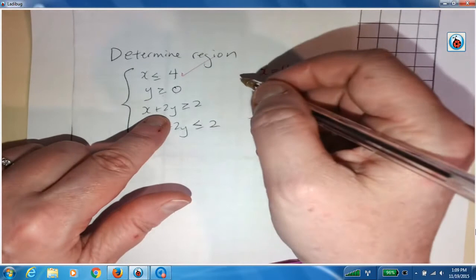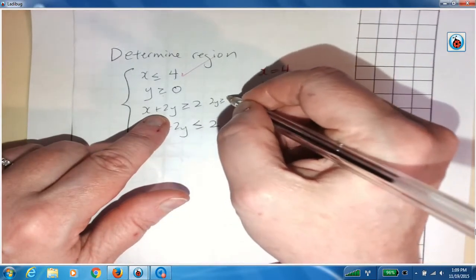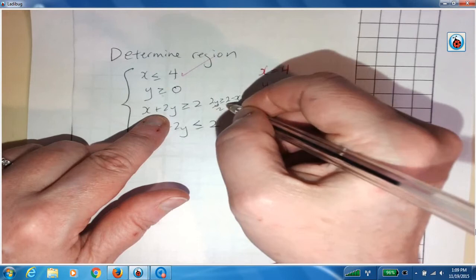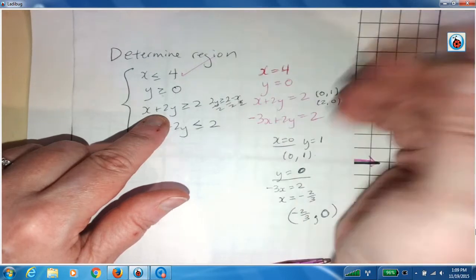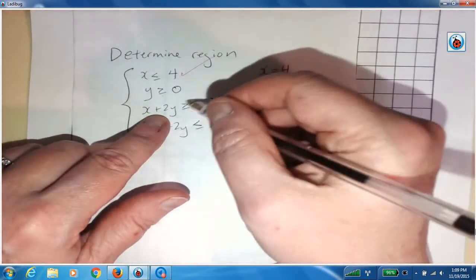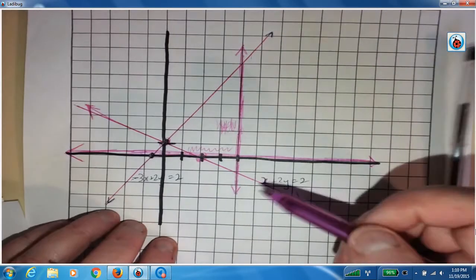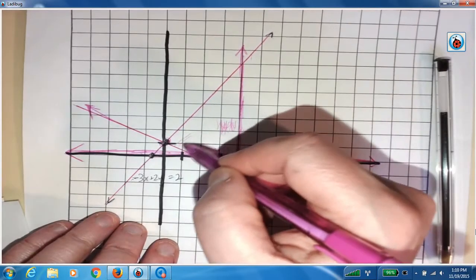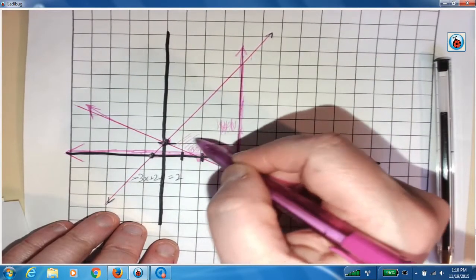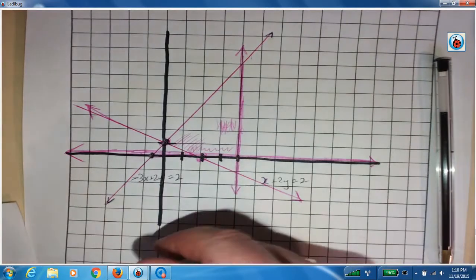If I subtract x from both sides, the symbol doesn't change. And if I divide through by positive 2, dividing by a positive does not change the direction of the arrow. So I will want everything above the line x plus 2y equals 2. So everything above this line. And I'm just sketching in what's in the region so far.